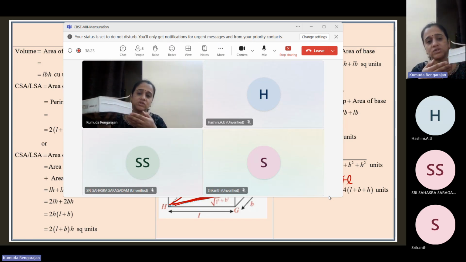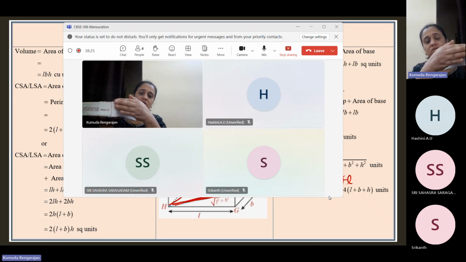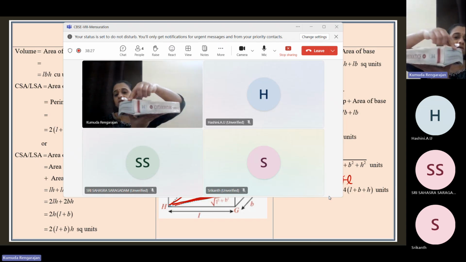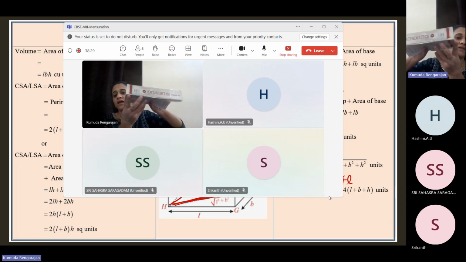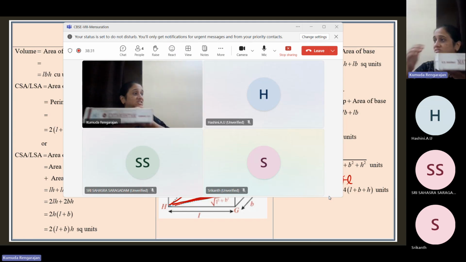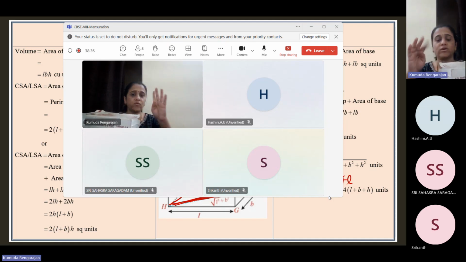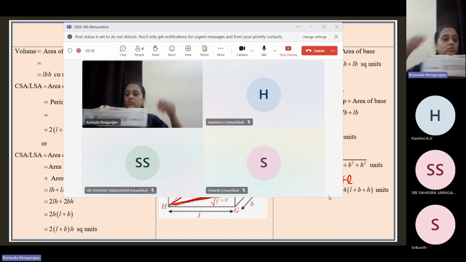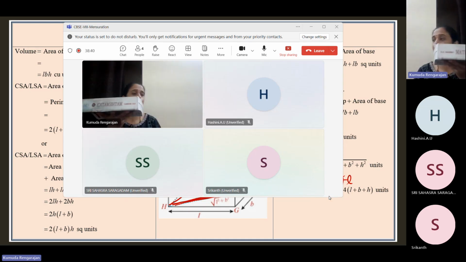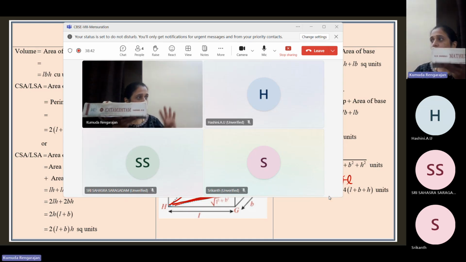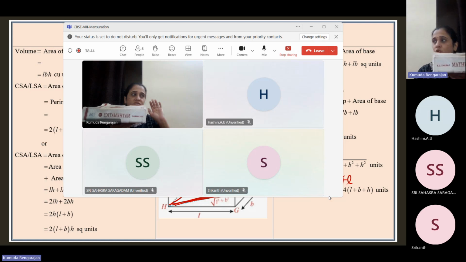This is one edge, this is one edge, so we have 2 B's. Then here B and here B. So how many edges along the breadth? 1, 2, 3 and 4. So 4B.